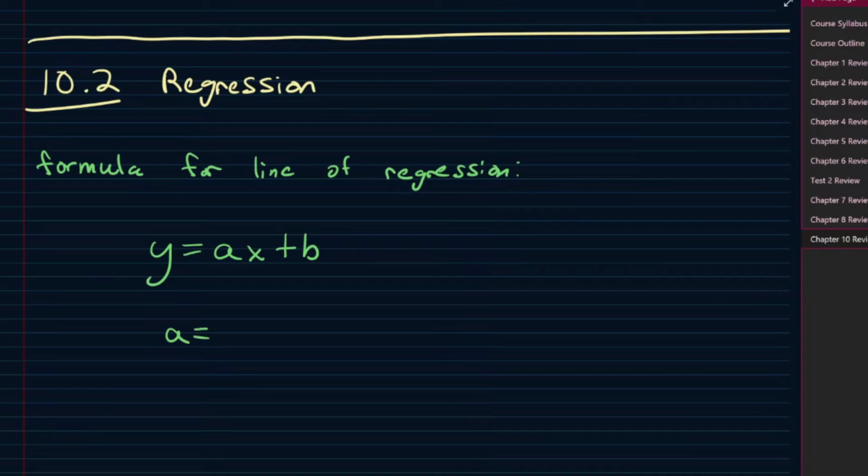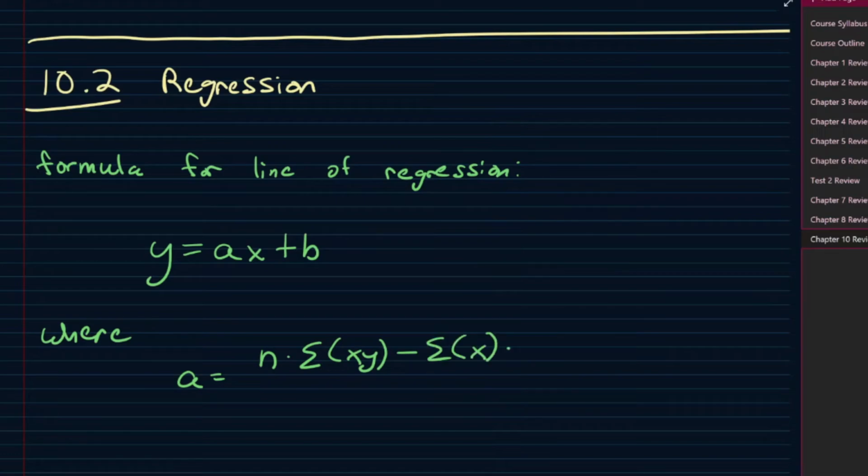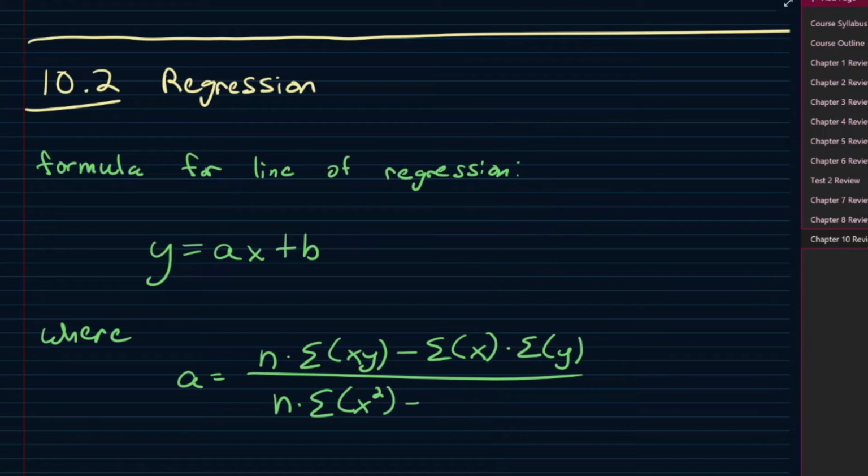The value for a is n times the sum of the xy's minus the sum of the x's times the sum of the y's over n times the sum of the x squareds minus the sum of the x's squared. That's the value for a in y equals ax plus b.